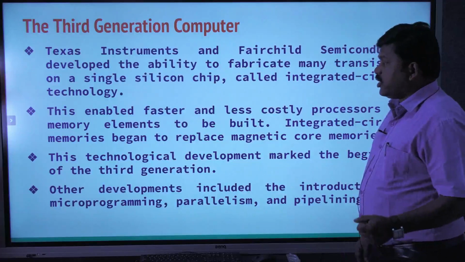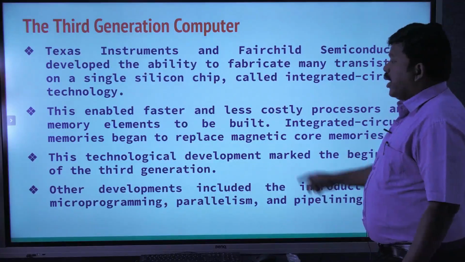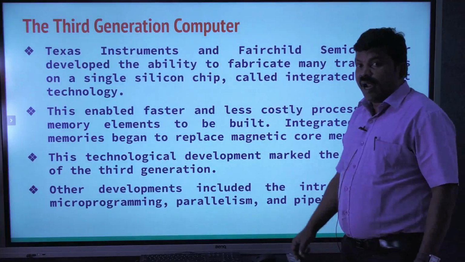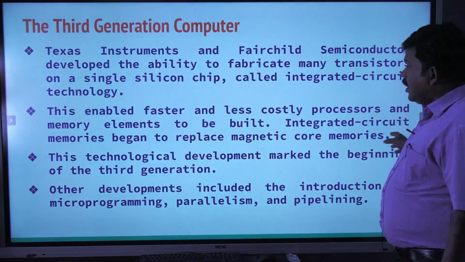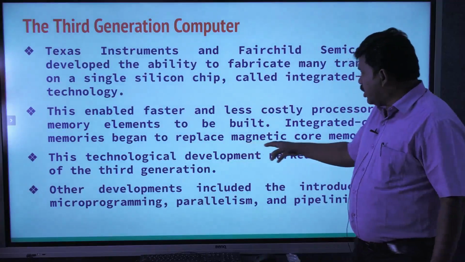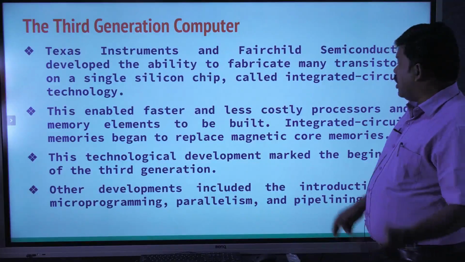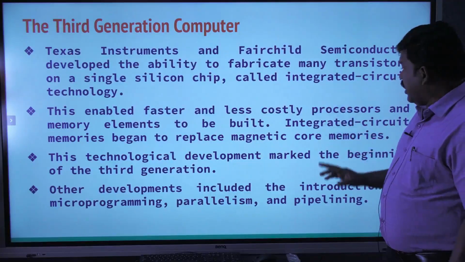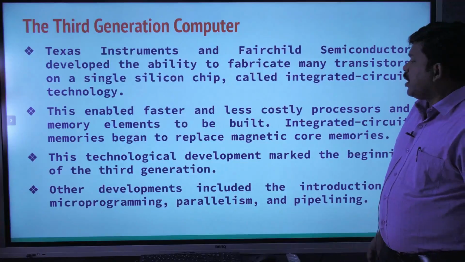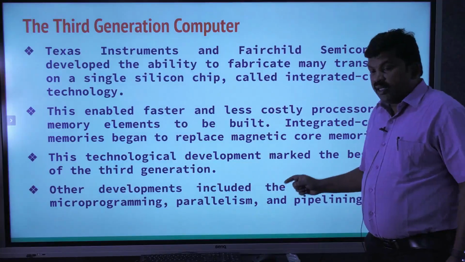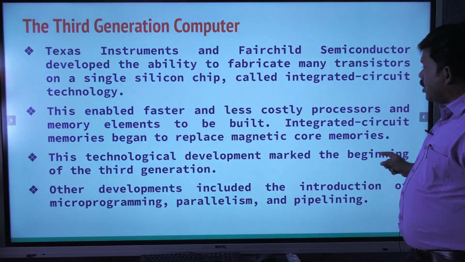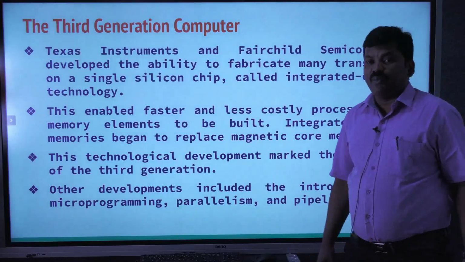Apart from that, integrated circuit memories began to replace magnetic core memories. This technological development marked the beginning of the third generation computers.